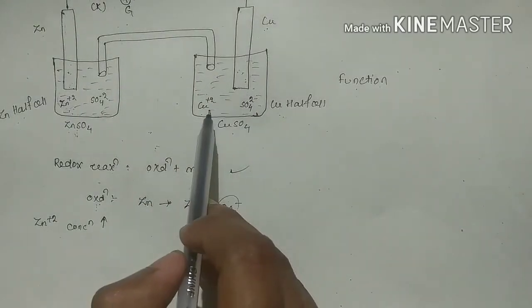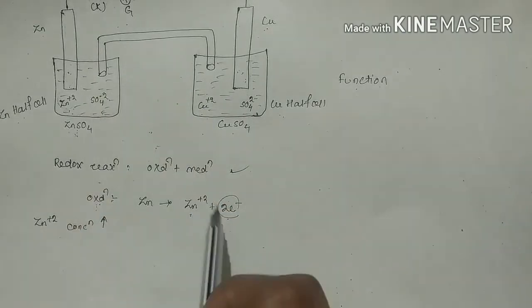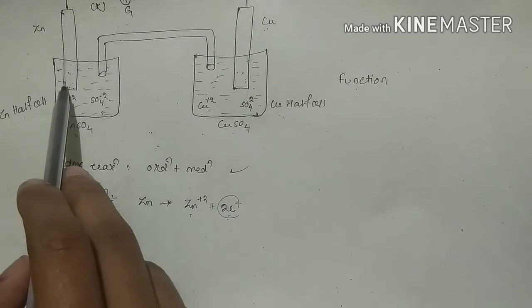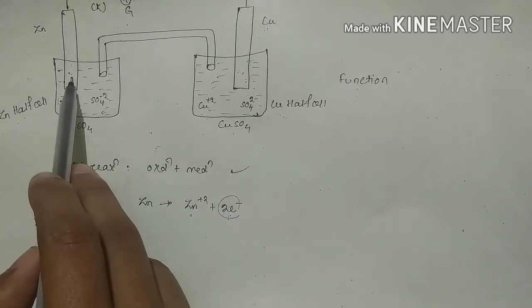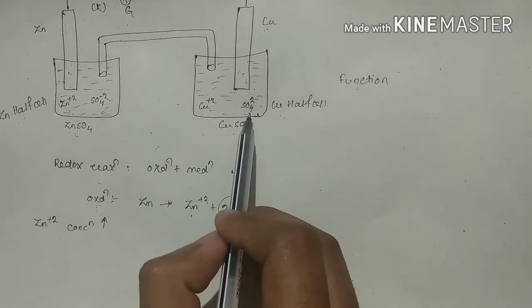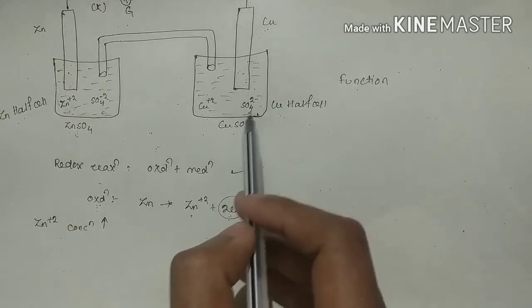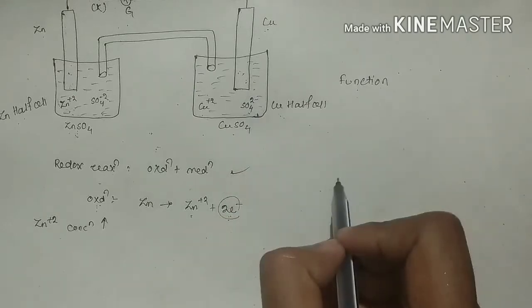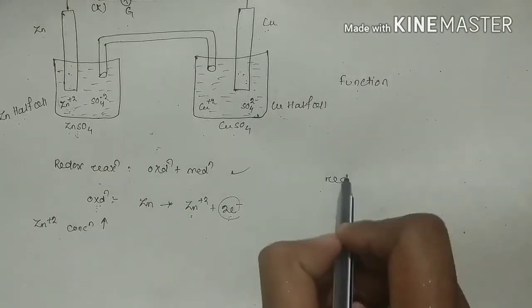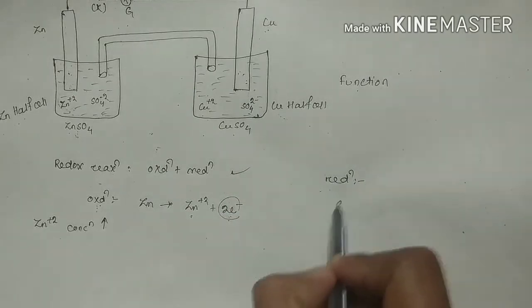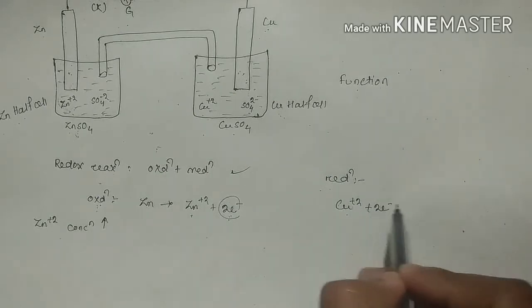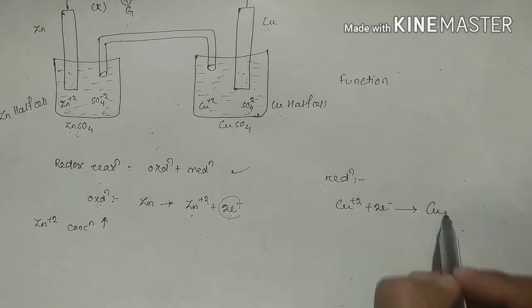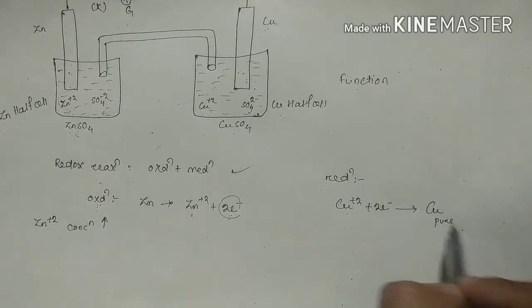So the copper ions present in the electrolyte will accept the electrons which are removed by the oxidation reaction at the zinc electrode. This is known as the reduction reaction, or acceptance of electrons. The copper ion accepts the electrons to form pure copper.